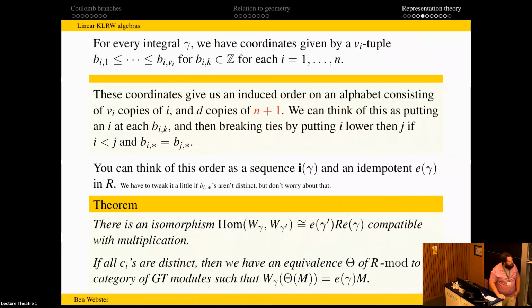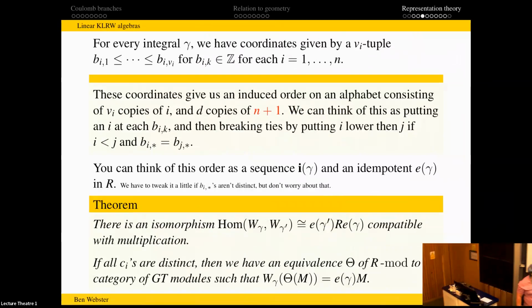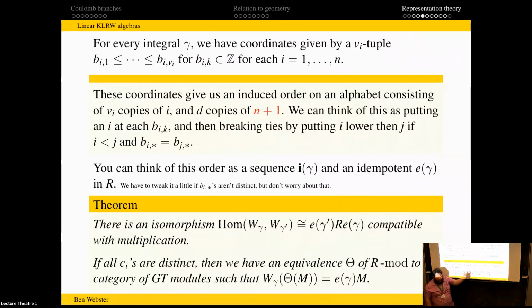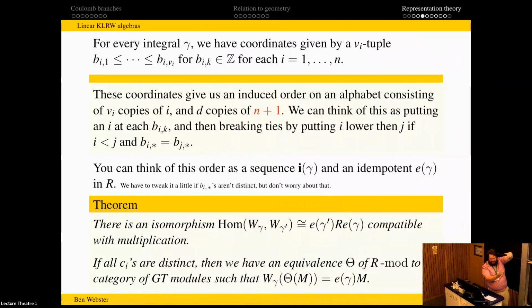So what ends up happening is if I want to know the natural transformations from one functor to the other, they're just diagrams that are compatible with one weight space at the bottom and the other weight space at the top. So again, if the orders are the same, the weight spaces are isomorphic as functors. They're isomorphic in every module.